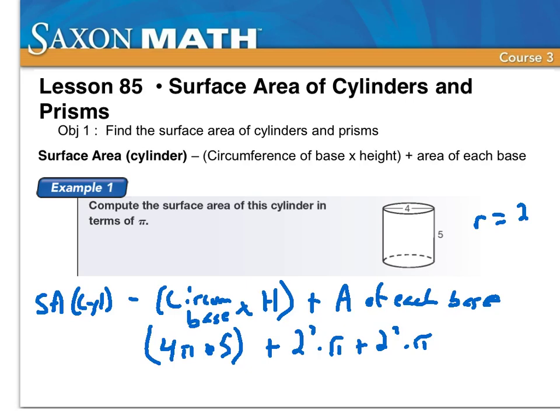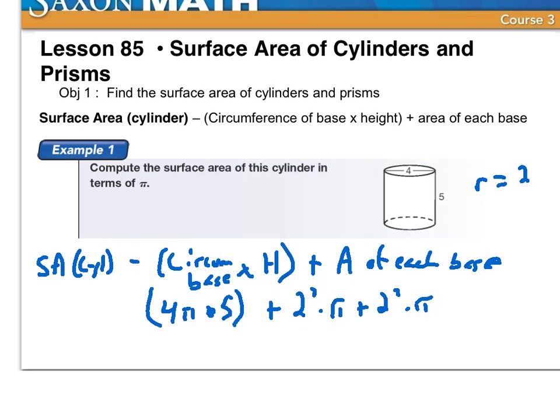Okay, and area of a circle is pi times the radius squared. So we can take 4 pi times 5, that's 20 pi, plus 2 squared times pi is 4 pi, plus 2 squared times pi is 4 pi.